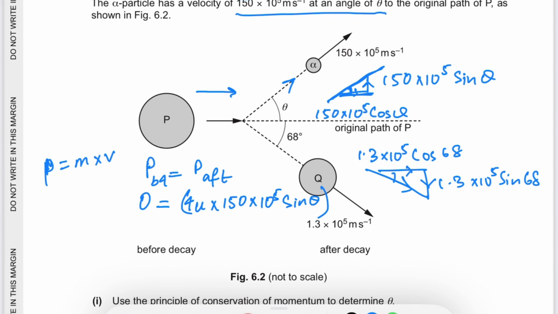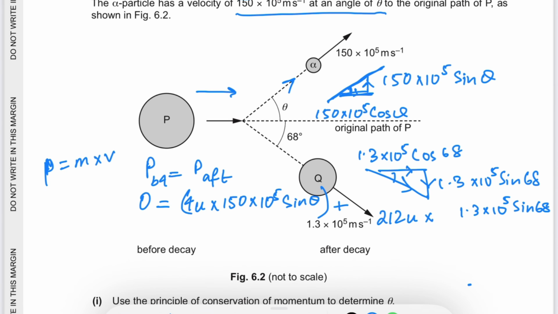And now to this you are supposed to add the momentum of particle Q. So particle Q has a mass of 202 units times its velocity, which is 1.3 times 10 raised to 5 sine 68. Remember, we are considering the vertical component only.